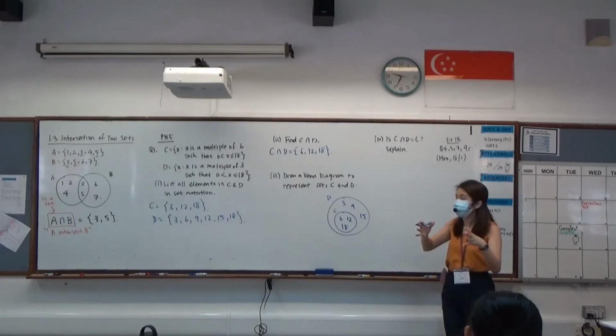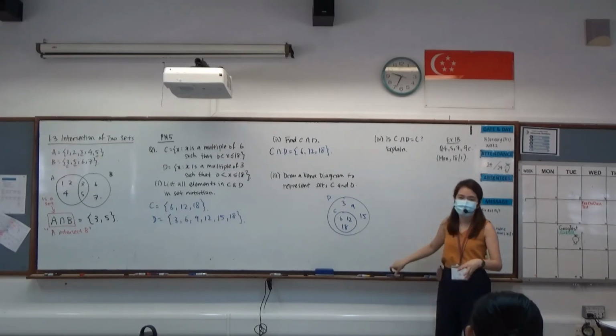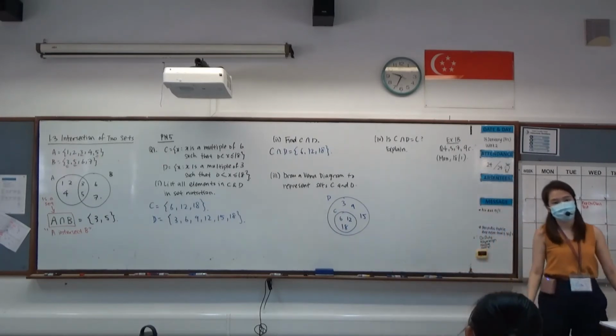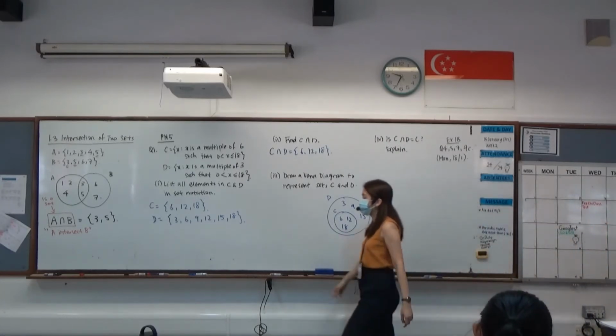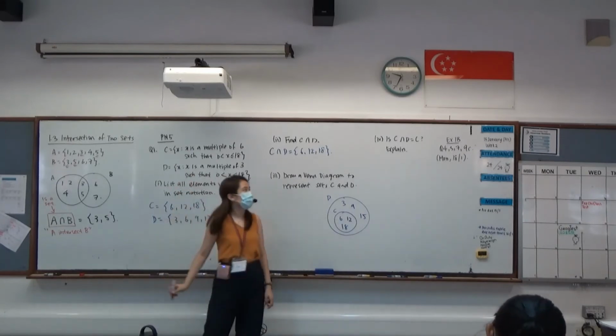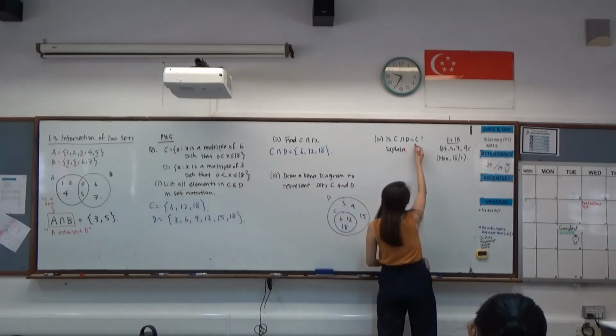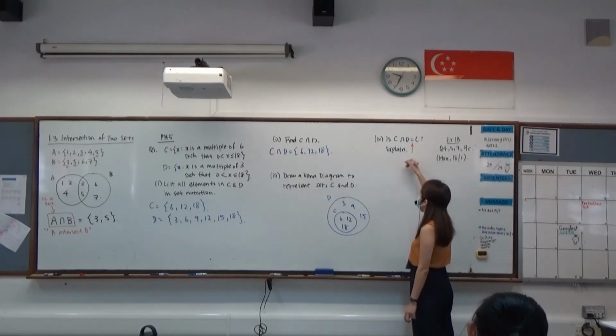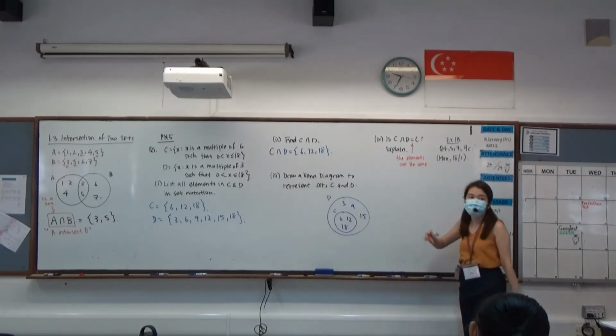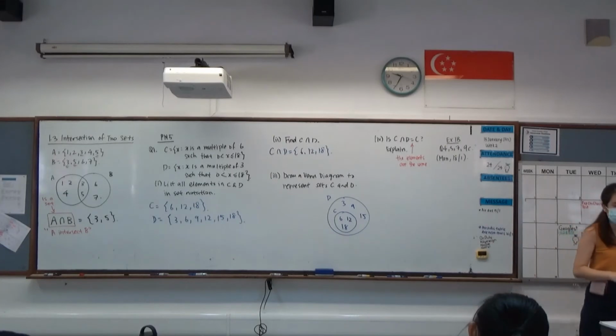If talking about intersection, is it the same as the set C on its own? Do they have the same elements? The question is asking about whether they are equal or not. Because C intersect D is a set, C is a set itself. So when we talk about equal sets, the elements must be the same.